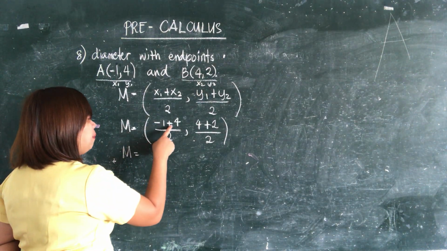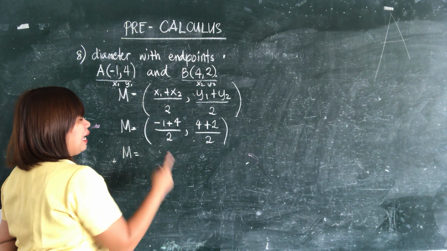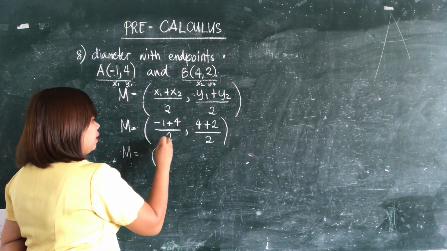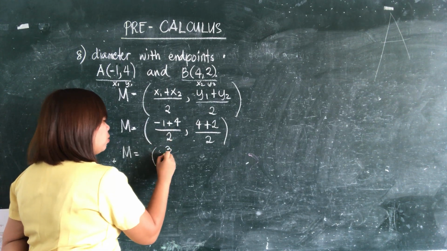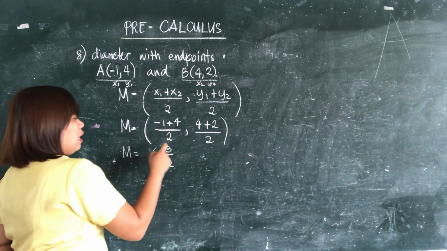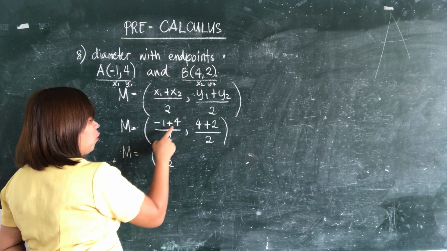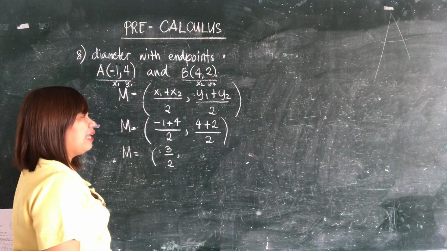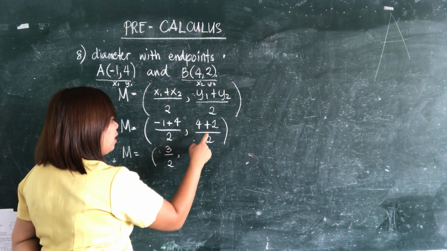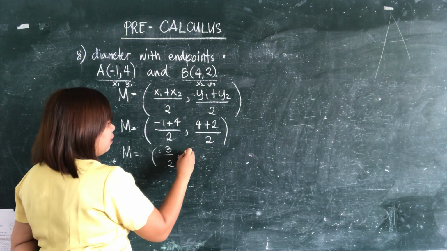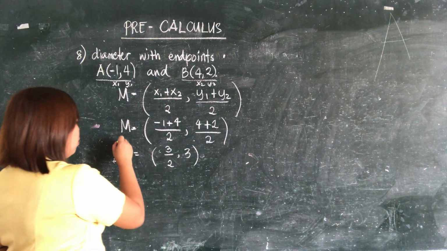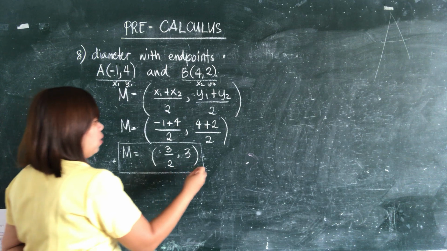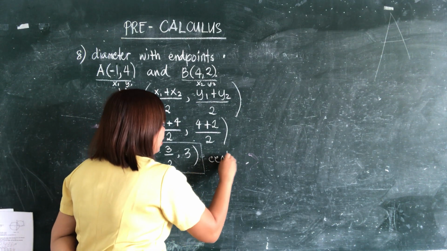So -1 plus 4, opposite sign, so we subtract. 4 minus 1 is 3. 3 divided by 2, so 3 over 2. Naging positive siya kasi larger yung 4, so that's why positive. Next, 4 plus 2, you will get 6. 6 divided by 2, you will have 3. So therefore, the ordered pair of your midpoint is 3 over 2 and 3, or that will be also your center.